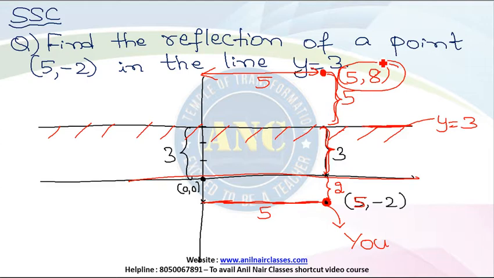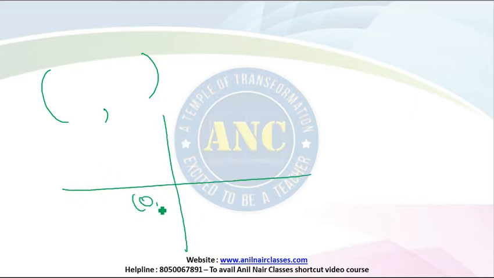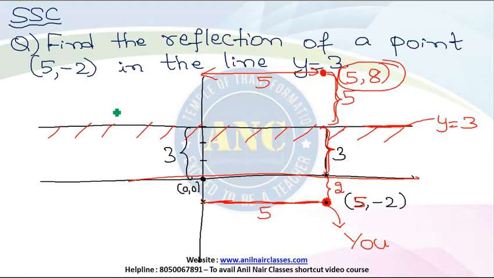I am only telling you that. Let me teach you with a different color. Whatever coordinates you write, they should always be with respect to the coordinate axis. This coordinate axis only should be the reference to write the coordinates. And to say that the distance from one point to the other point is the same: y = 3 is the line which is given.